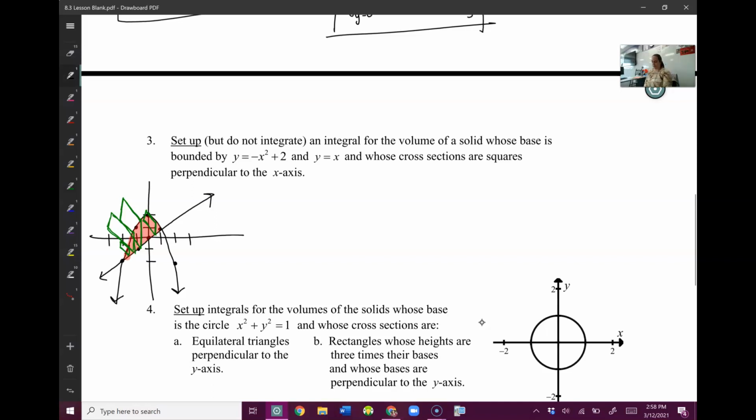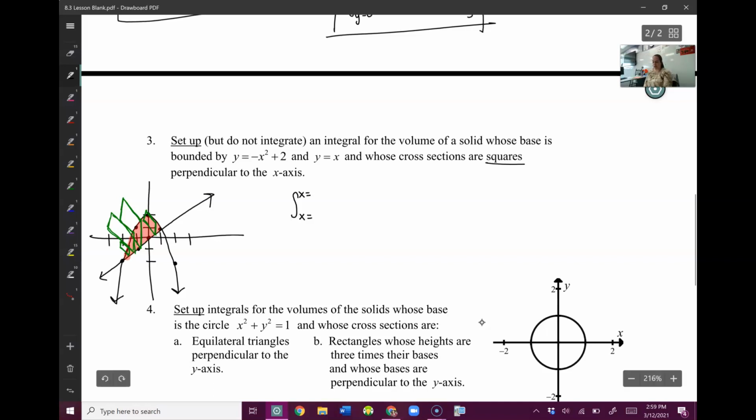Okay, I need an integral. This is perpendicular to the x-axis, so my limit should be in terms of x. And I need to do the integral of the area of the cross-section.